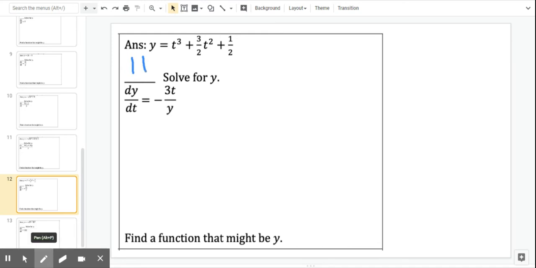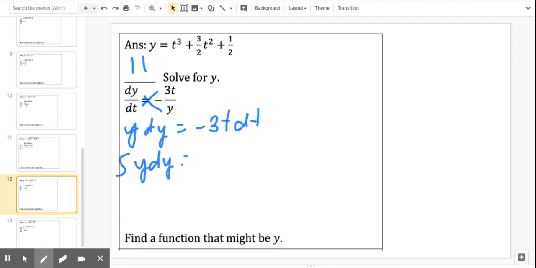So this one, I'm going to cross multiply again. Then we have y dy equals negative 3t dt. So then we integrate, y dy equals the integral of negative 3t dt.